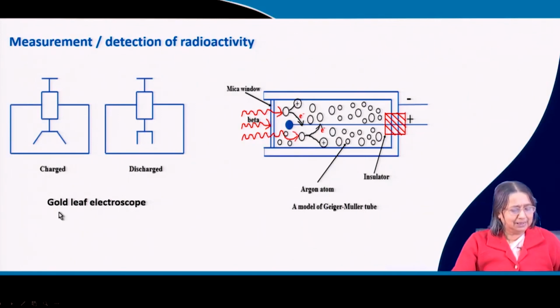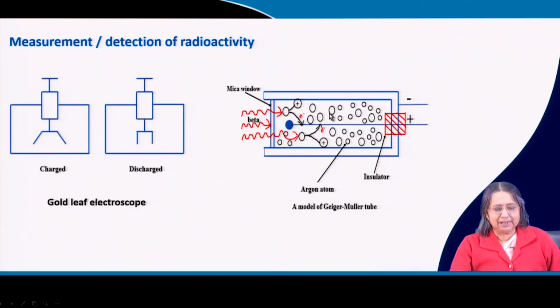This is an old type, but here is the Geiger-Müller tube or Geiger-Müller counter you can use. Argon gas is there, and this is a metal tube actually, which is the negative electrode, and this is an insulated metal wire, which is the positive. High voltage is passed.